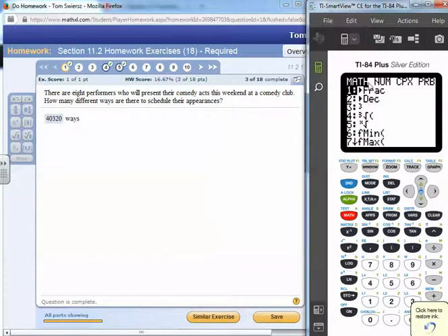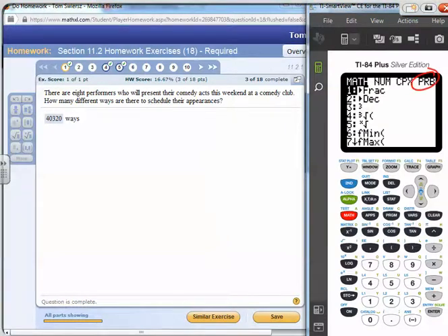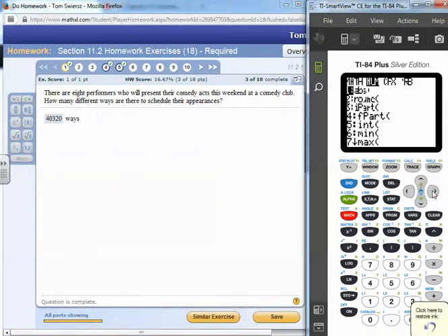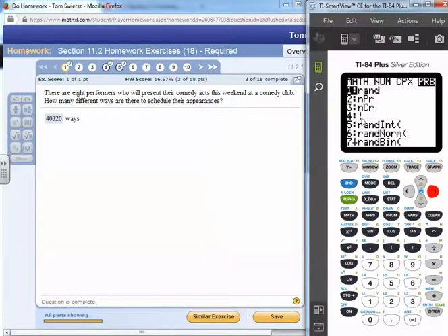Remember, we're working with probability now, so we want to highlight PRB along the top here. We use the right arrow key 3 times, and it highlights PRB, and notice we have the factorial, the exclamation point. However, I forgot, you first have to put in the number before you do this.